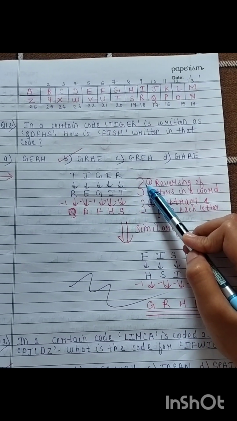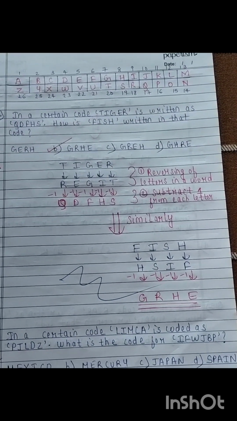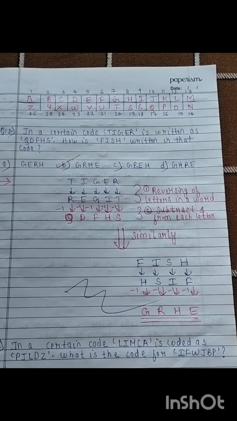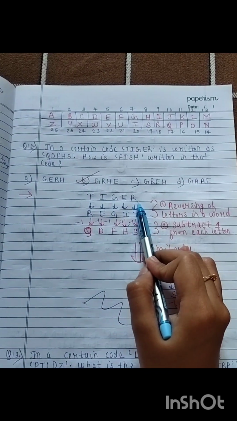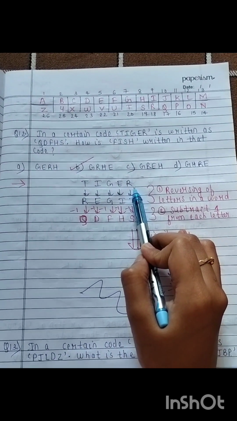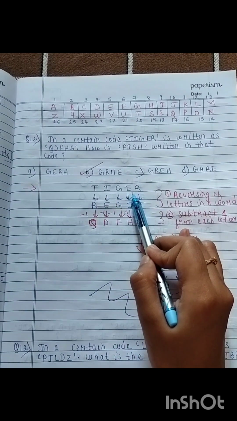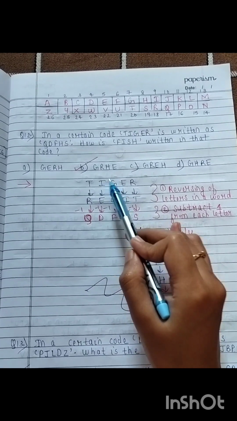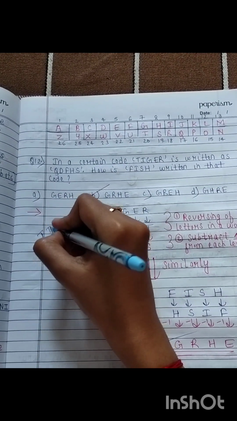First, what they have done here is reverse the letters in the word from the back. Here TIGER is there, correct? Reversing of letters is done in the word. So R will come here, E will come here, G will come here, I will come here, and T will come here. So see, TIGER is written like this, correct?